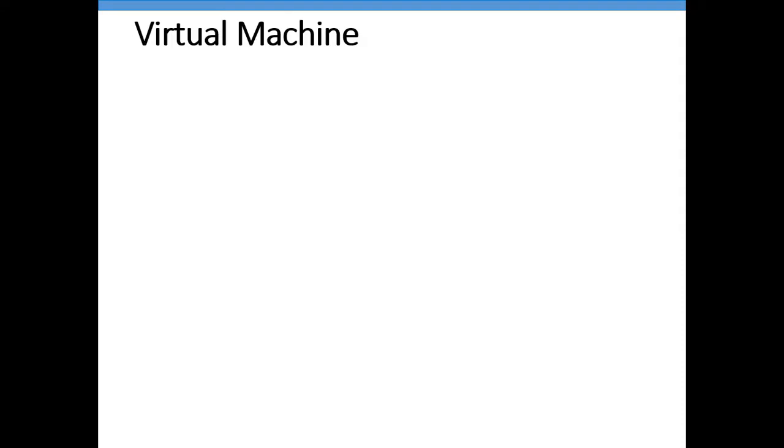Yes, Ahmed, you can also give your inputs. The machine that is not physically present at the place where you're using it, it could be anywhere at any other geolocation. Correct, whatever Ahmed has said is 100% correct. The machine which we are using is not physically available with us, and we can access that machine from any part of the world.